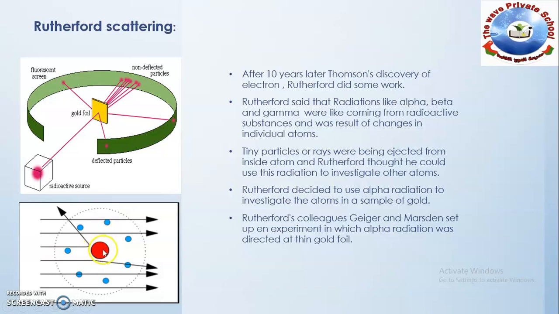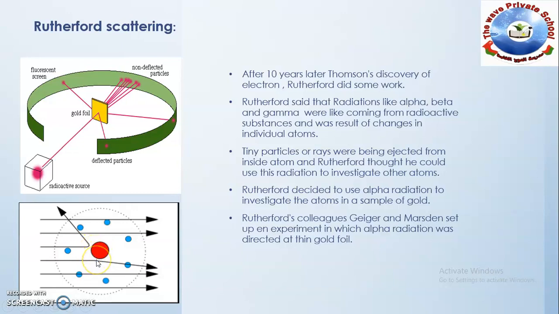If we say that this red part is the gold foil nucleus, then mostly alpha particles pass straight through because they are not near this nucleus. But some alpha particles are deflected back because they are near this nucleus.